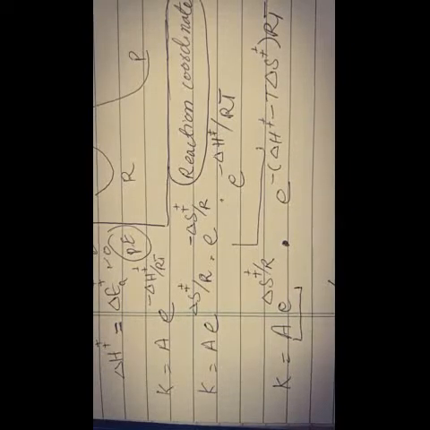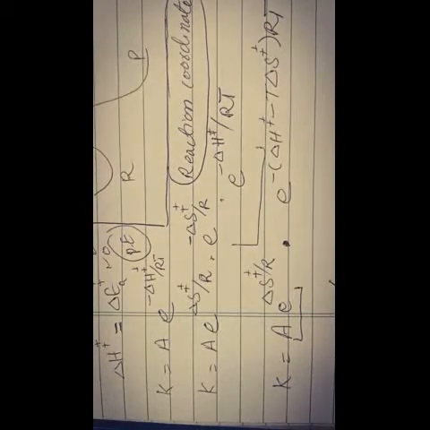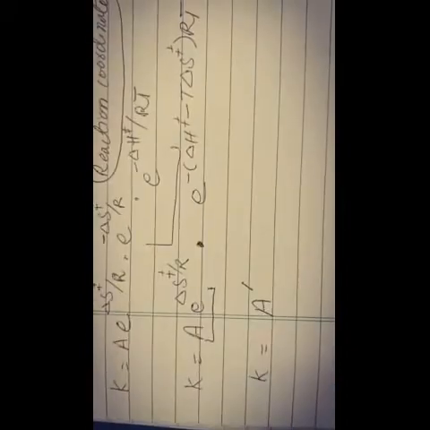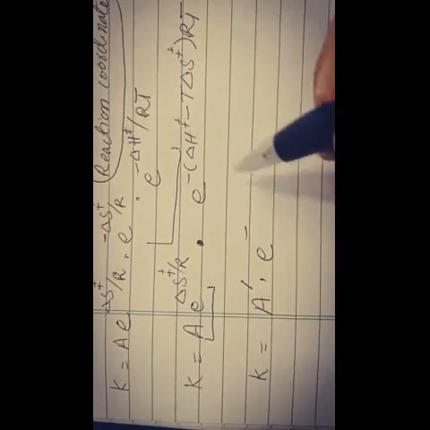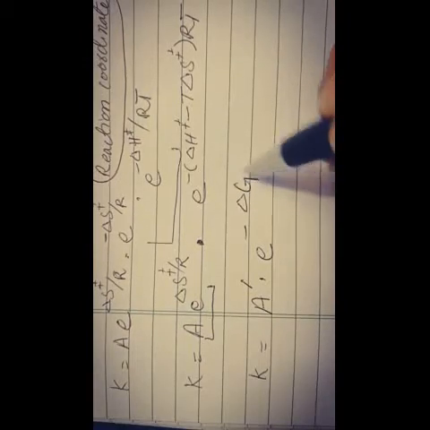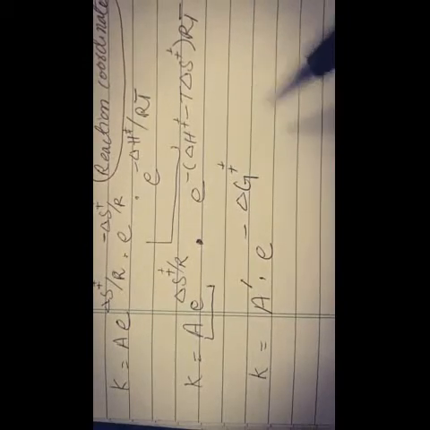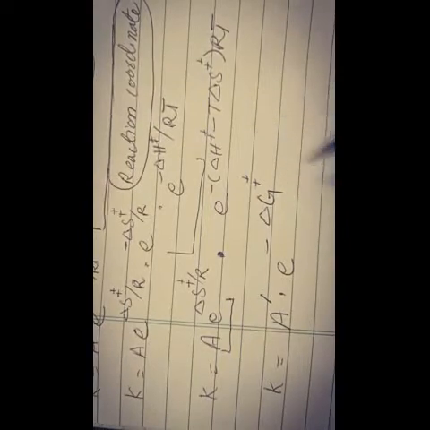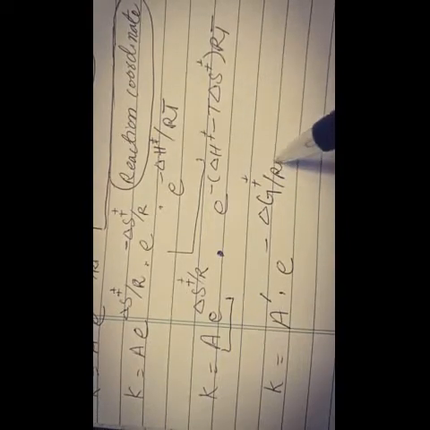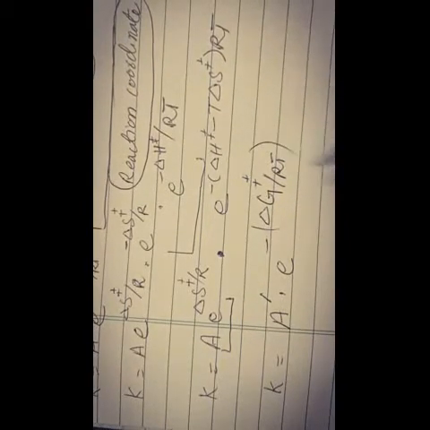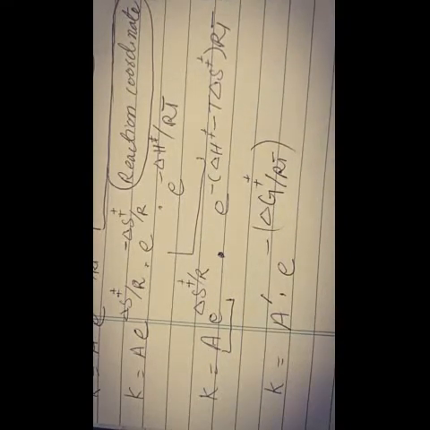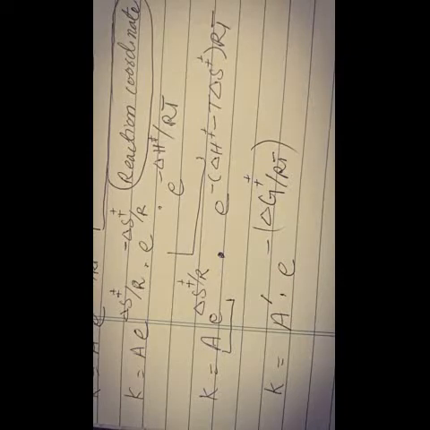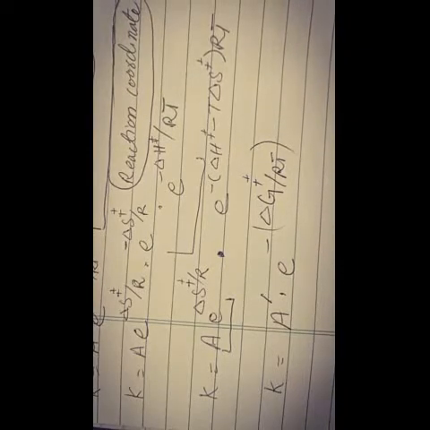It is abbreviated as A dash, and with the exponential form of the change in free energy. So this is how equation number 1 was derived from the Arrhenius equation.